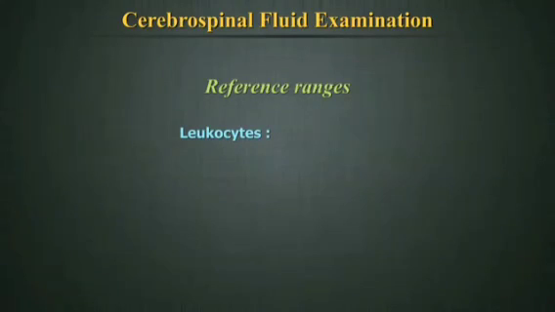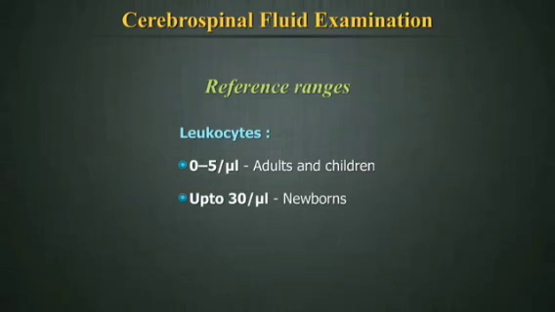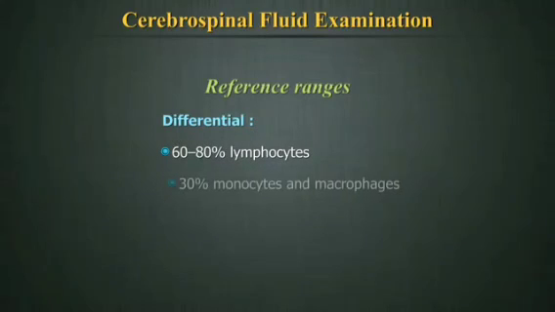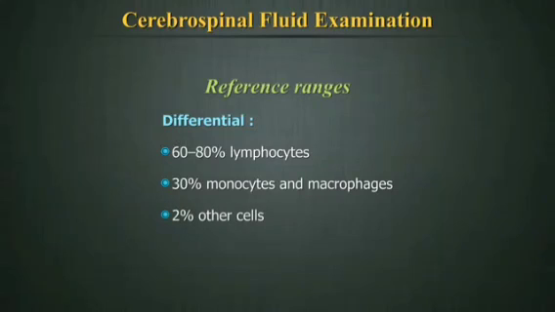Leukocytes 0 to 5 per microliter in adults and children, up to 30 per microliter in newborns. Differential counts 60 to 80% lymphocytes, up to 30% monocytes and macrophages. Other cells 2% or less.